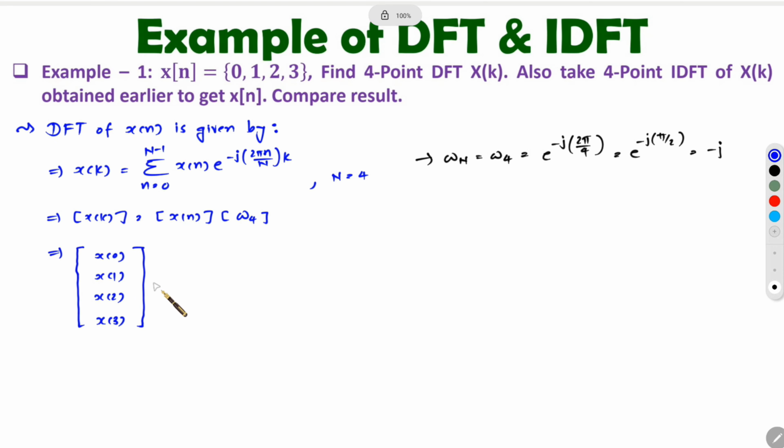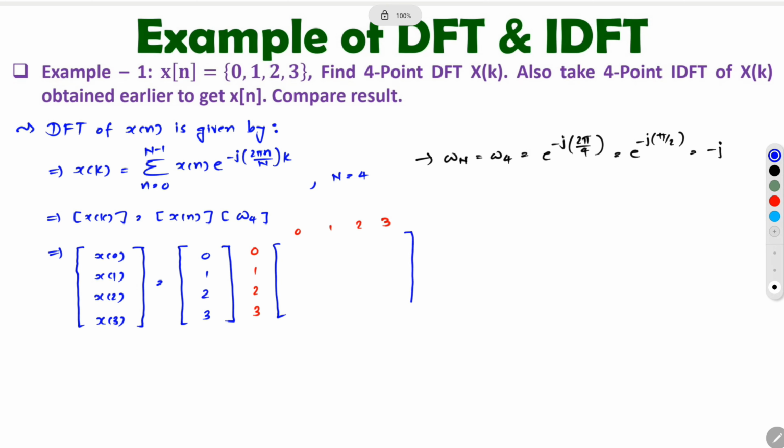Here if you observe x of n is having 4 points, and those points are 0, 1, 2, and 3. Now let me explain how to write matrix of weightage factor. For that you will have to write 0, 1, 2, 3, 0, 1, 2, 3 to make a matrix of W4, that is 4 cross 4 matrix, right?